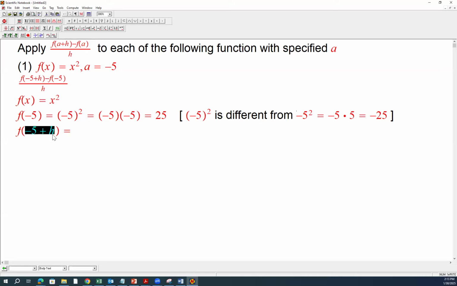And next step, we're going to have -5 plus h replace x squared. Okay, so this time -5 plus h will replace x. To work it out, you can either FOIL. If you FOIL, you would do the -5 plus h.